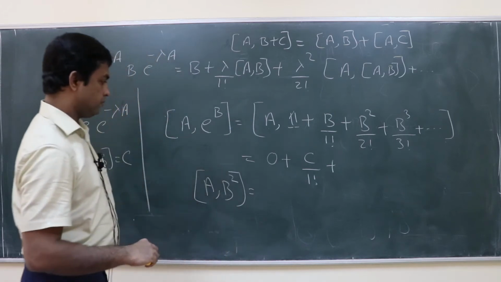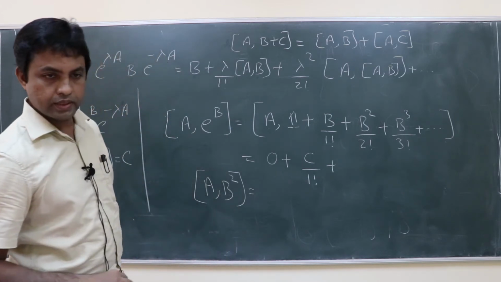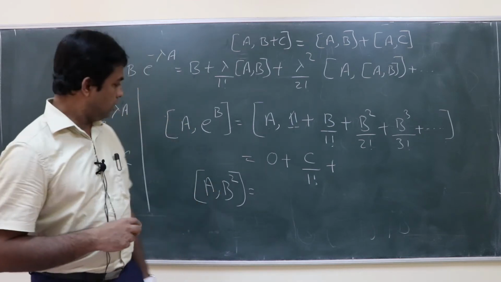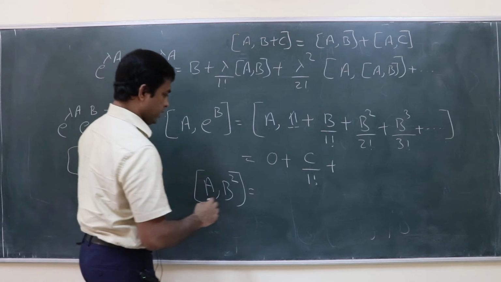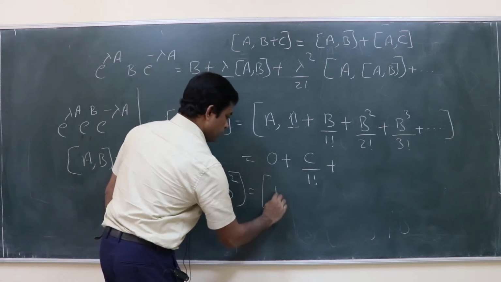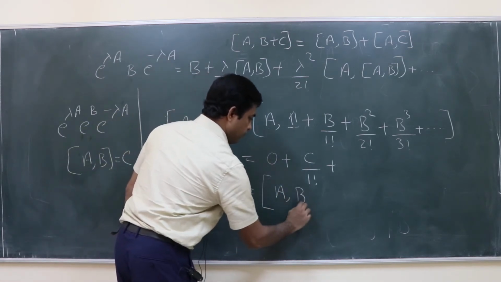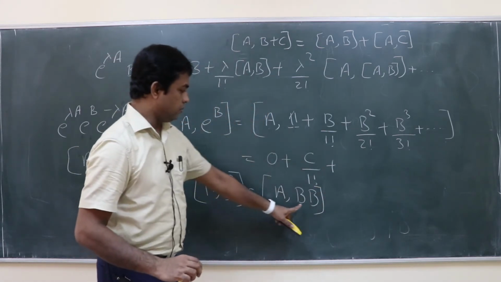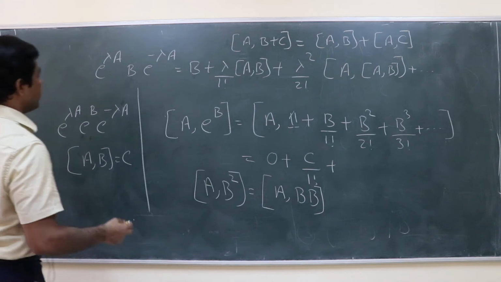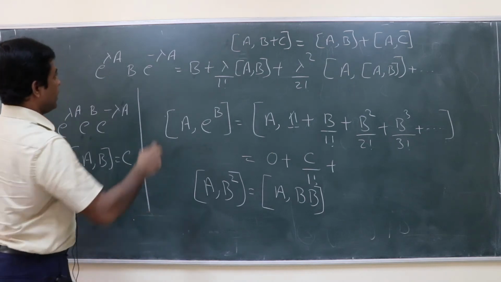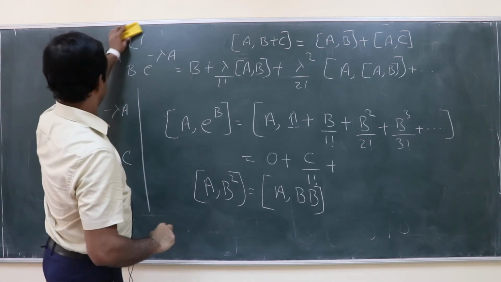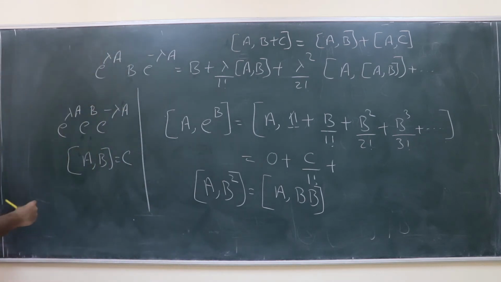Yes, somebody said something, no problem, you repeat. It is not 0. So this is equal to a with b b. Again, another formula you have to look at. Let me write down that formula somewhere here.